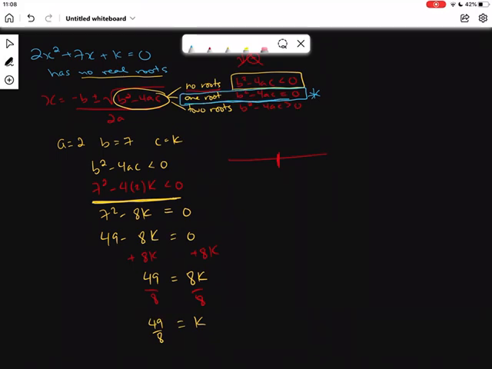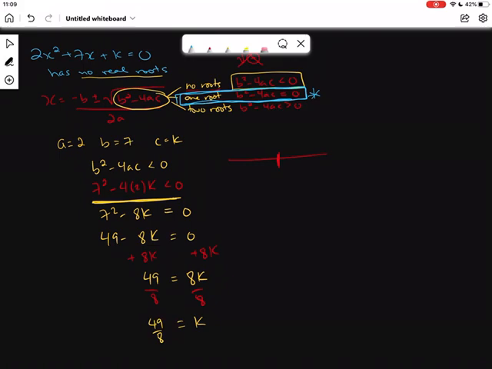So if k was equal to 49 over 8, that means that I would have exactly one root. That means there would be exactly one solution for our value of x. But what I want in this example is no real roots.